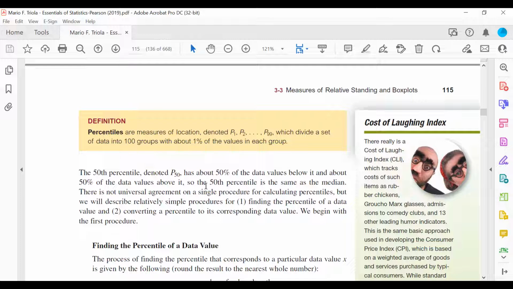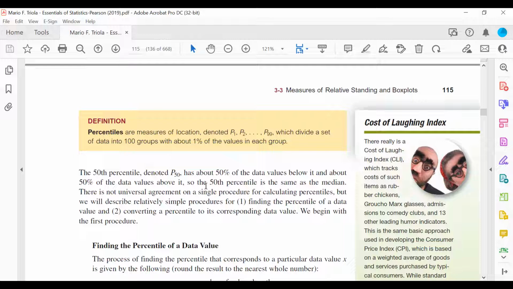I don't know. So percentiles are measures of location, and it's denoted by P, and then on the bottom you have a 1, P1, P sub 2, P whatever, it goes up to P99.